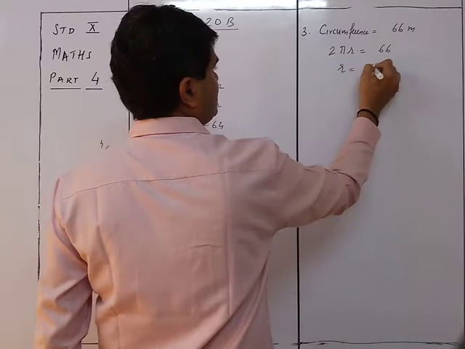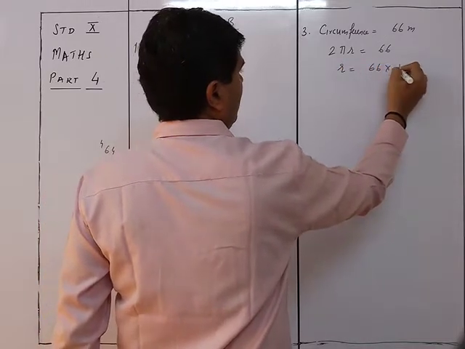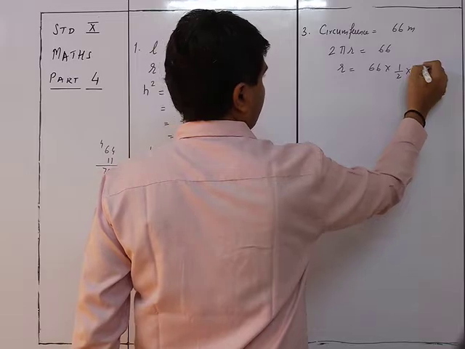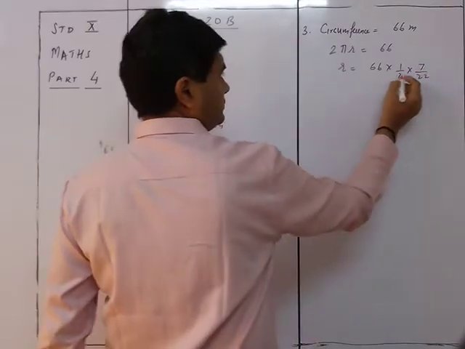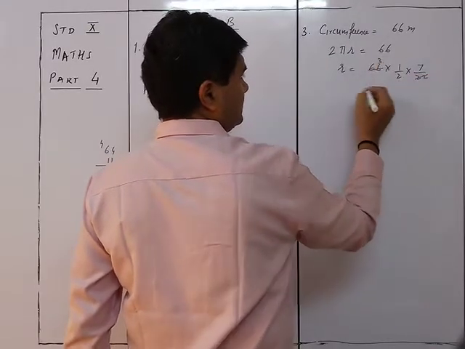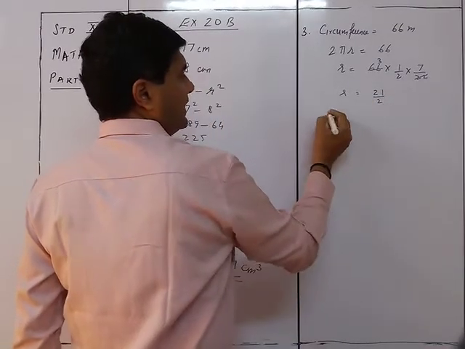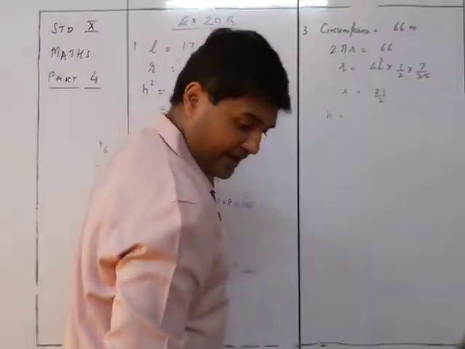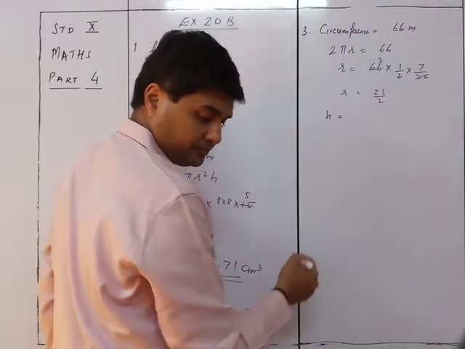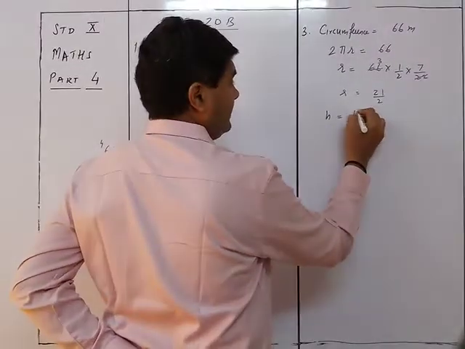So r is equal to 66 into 1 upon 2 into 7 upon 22. So this is 3, so there will be 21 upon 2 as r. The next is h, which is already given to you as 12. 12 meter high.